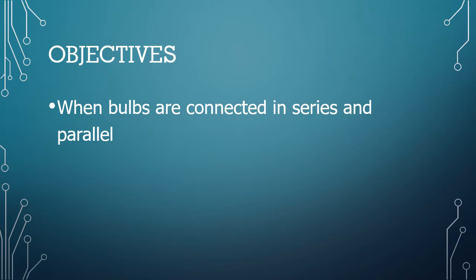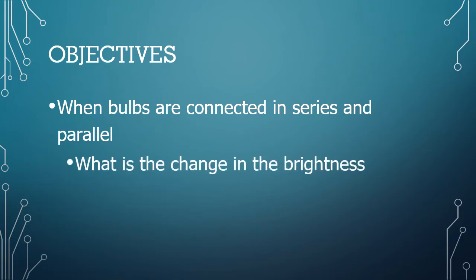Now, what is the change in the brightness when more bulbs are connected in series with the same cell and fewer bulbs are connected with the same cell? Or bulbs are connected in parallel with one cell or with two different cells which are connected in parallel and series. These different situations you will learn in this session.